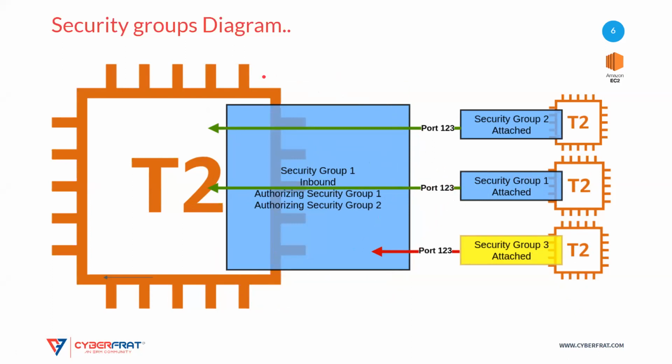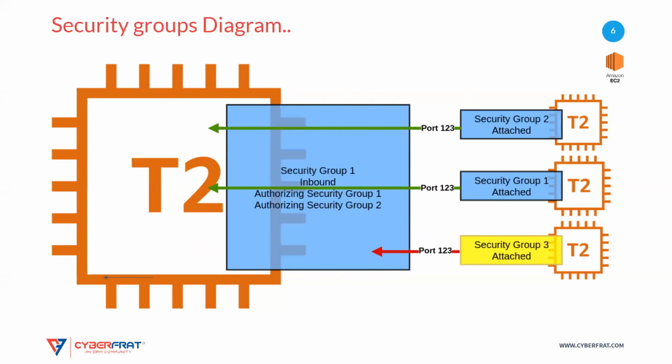So what I have told is, all the resources attached to a specific security group are allowed to hit the resource attached to this security group. When we do a practical, that would be more clear to you.